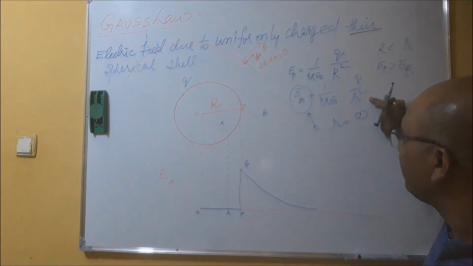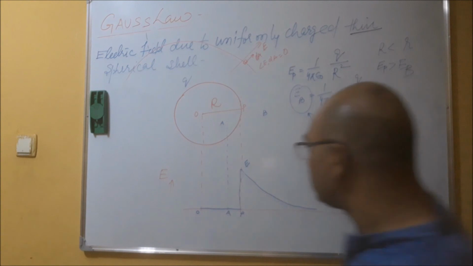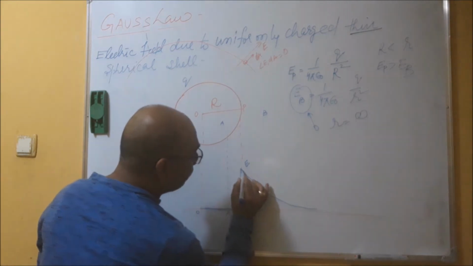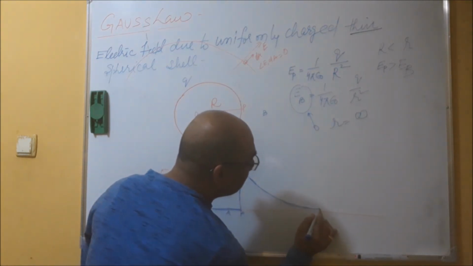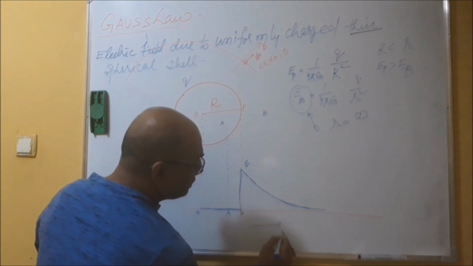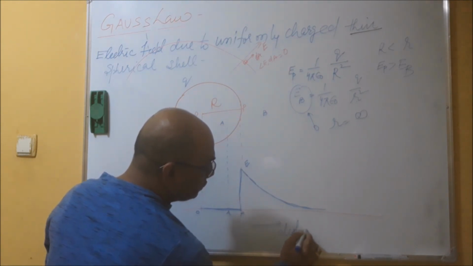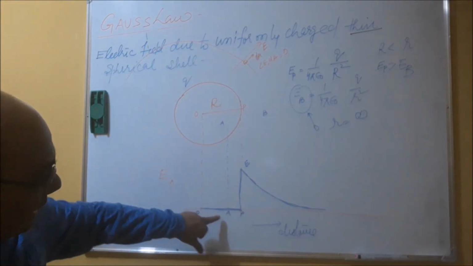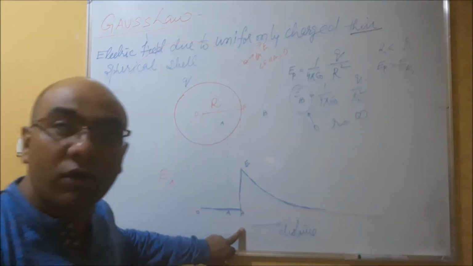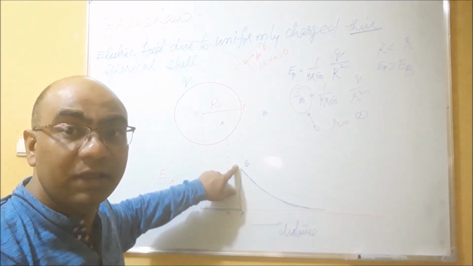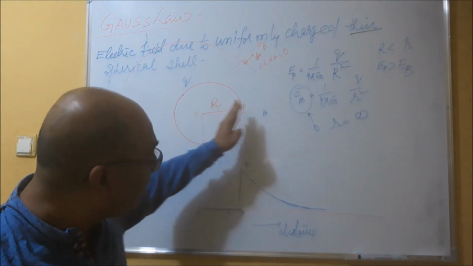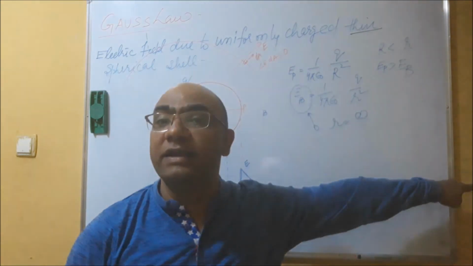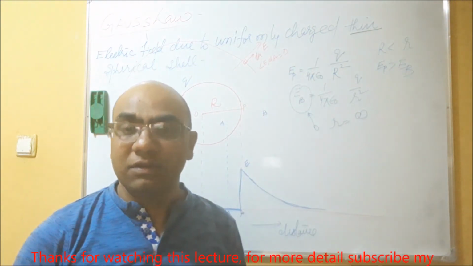So this will be the graph of electric field for any spherical shell, against distance. Inside the shell, the electric field is 0. At the surface of the shell, the electric field value is highest, and when you move away from the shell, the value goes down till infinity. The electric field will be 0 at infinity.